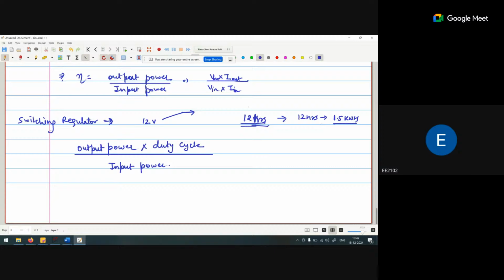Hmm, I think the duty cycle is in the numerator part. I am not much sure about it.